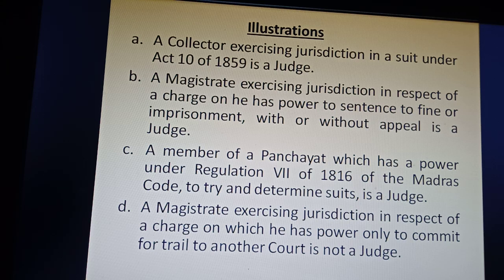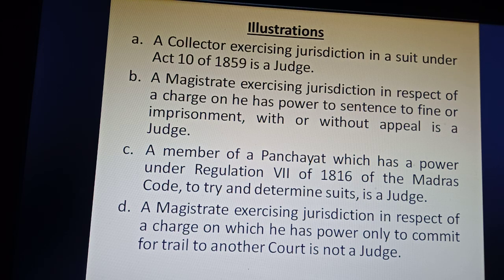This power to sentence to fine or imprisonment will be exercised after giving the judgment. With or without appeal is a judge. So B, a magistrate exercising jurisdiction in respect of a charge on which he has power to sentence to fine or imprisonment with or without appeal is a judge.